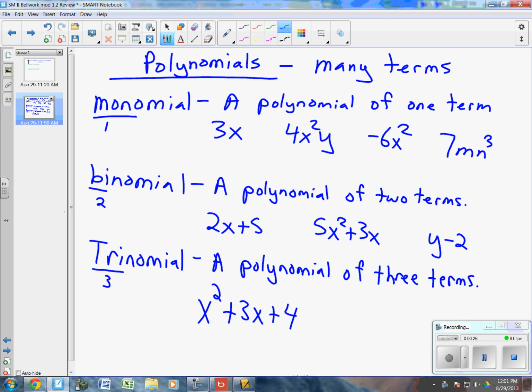But it could be 2xy plus 3x plus 4y, something like that could be a trinomial. So that's trinomials. Do we all understand that?